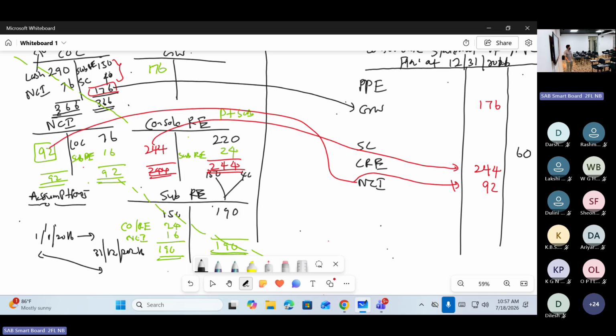If you remember, in any consolidation, the parent entity's stated capital is the consolidated stated capital. What's the meaning of that? Other stated capital, the subsidiary's stated capital, all will be set off with the goodwill. Because that subsidiary stated capital is in the goodwill calculation.